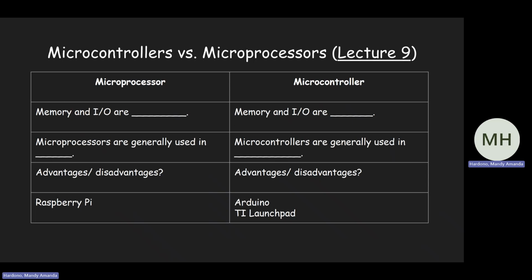And you'd also want to know the advantages and disadvantages of both microprocessors and microcontrollers. An advantage of a microcontroller over a microprocessor would be the fact that it's more compact and it's rather cheap.